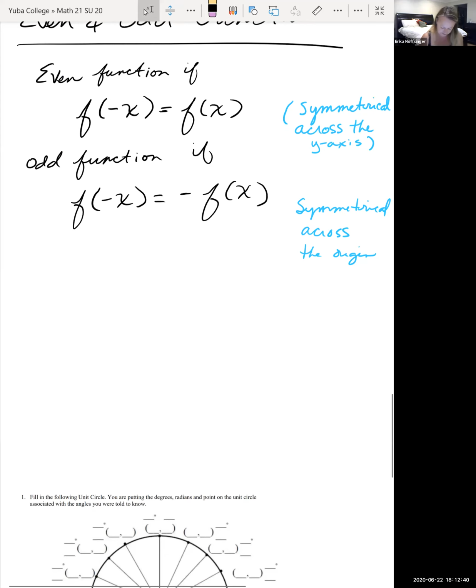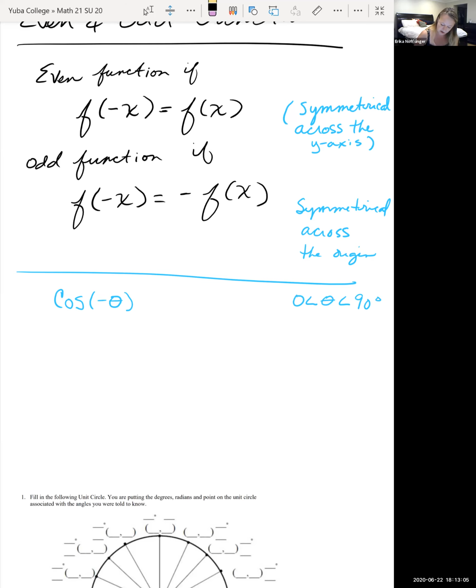So let's look at cosine of negative theta. Let's say positive theta is between 0 and 90 degrees. Well, negative theta is just telling you that you are going clockwise instead of counterclockwise. So let's say that this right here is negative theta.